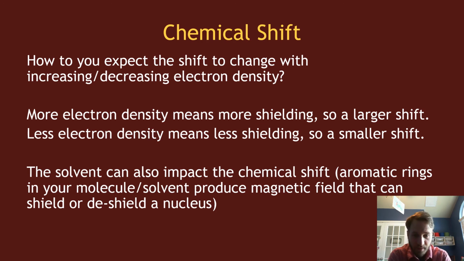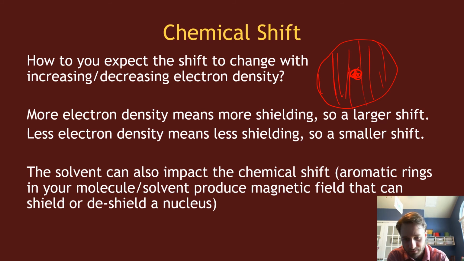We can talk about some general trends, and then in the next video on NMR, we're going to talk about NMR spectra and interpreting them. First, how do you expect the shift to change with increasing or decreasing electron density? If I have some nucleus with some amount of electrons floating around it, do I expect the shielding of that nucleus to increase or decrease with electron density?